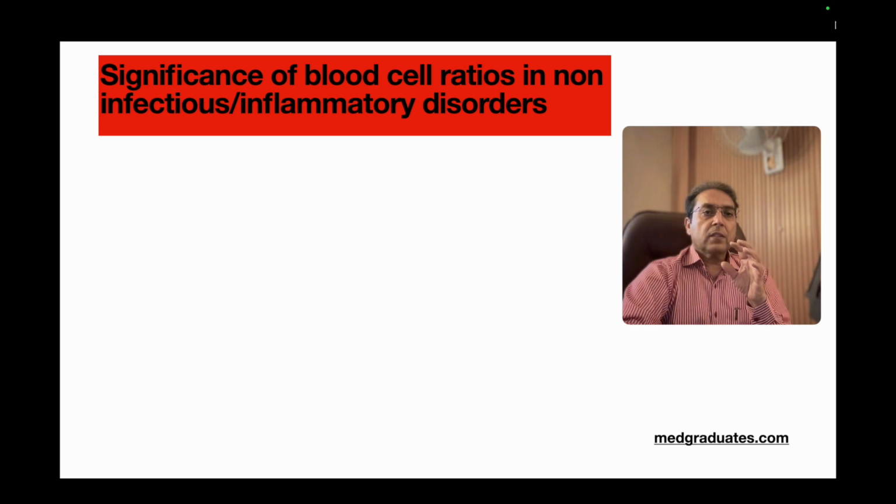Now let's see it from a different aspect. In the previous videos, we have seen the causes of rise or fall in these different cell lines, so we are not going to discuss those rises or falls. We see what information we get from the ratios of these cells in conditions which are either non-infective or grossly not inflammatory.